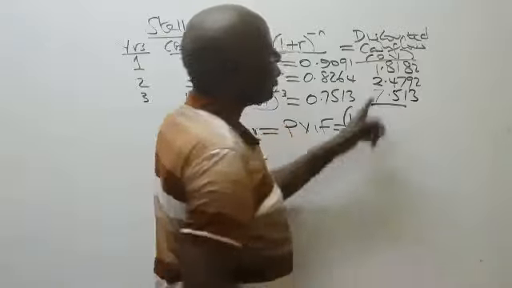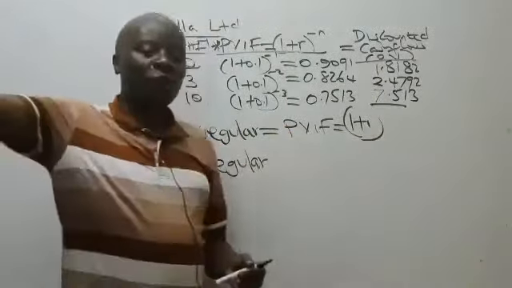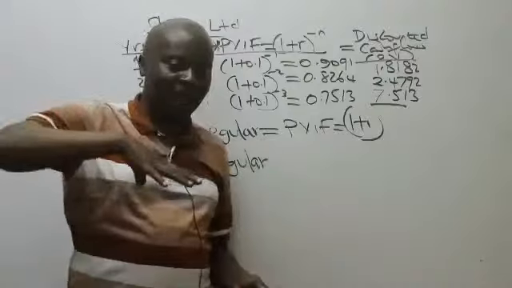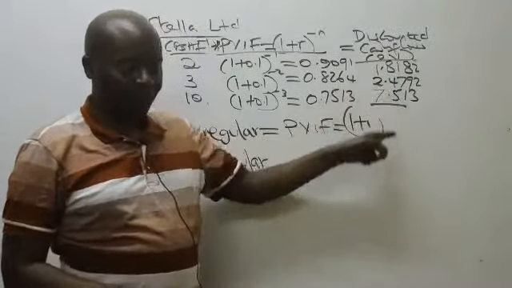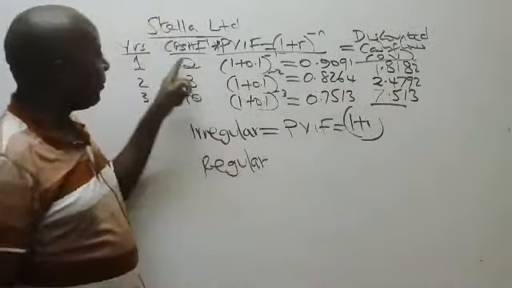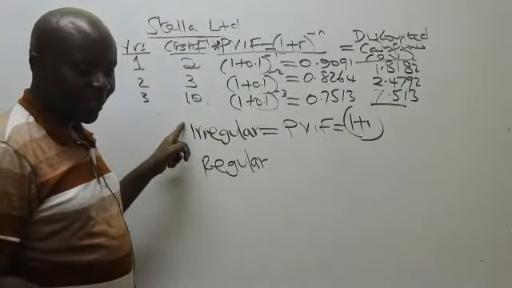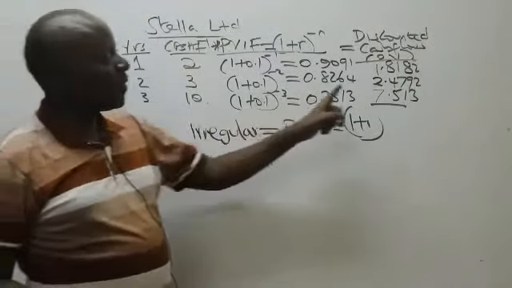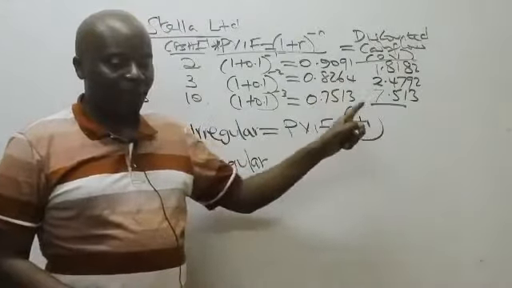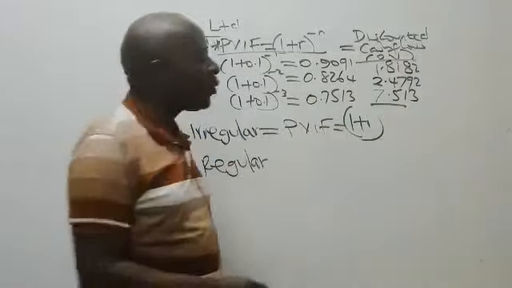Now that these are children of the same mother, all of them discounted to present time, we can add them. We could not add them when they were futuristic. Now all of them belong to the present time. So somebody is telling me this is 11.8104.